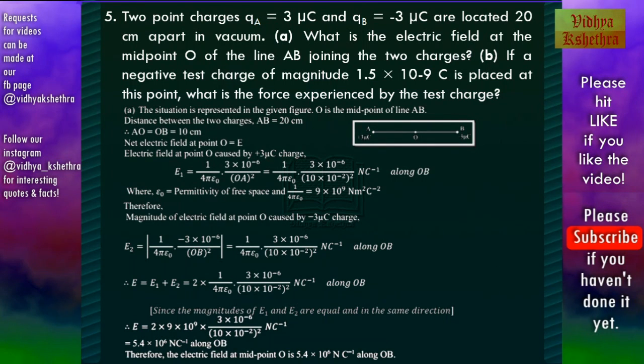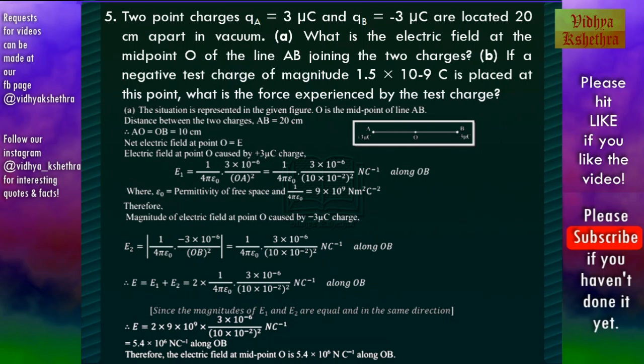Now, the situation is represented in the figure. O is the midpoint of line AB, and the distance between the two charges is already given as 20 cm. Therefore, AO is equal to OB is equal to 10 cm. Now, the net electric field E is equal to the electric field at O caused by the plus 3 microcoulomb charge, E1, which is equal to 1 by 4 pi epsilon 0 into 3 into 10 raised to minus 6 by R square, which is 10 into 10 raised to minus 2 the whole square, along OB.